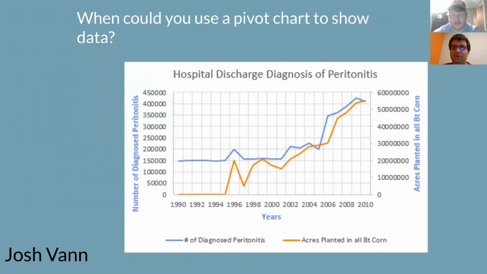So you're able to see the amount of people that got sick from this disease, and also the amount of corn that was actually yielded that year. And you're able to see on this chart that the more corn that was grown, the more people got sick. It's a nice chart.